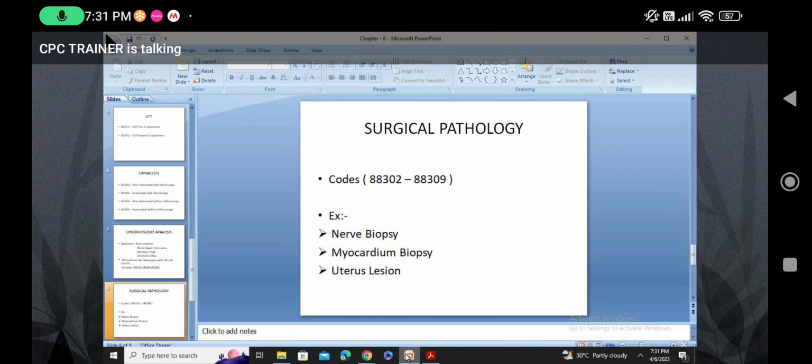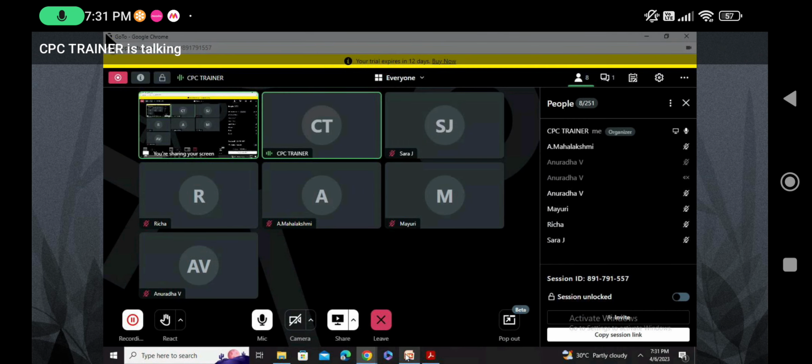If you check those code sets, each code is documented, for example, as level 1, level 2, level 3, level 4. Below each code, the samples are given. What is surgical pathology?